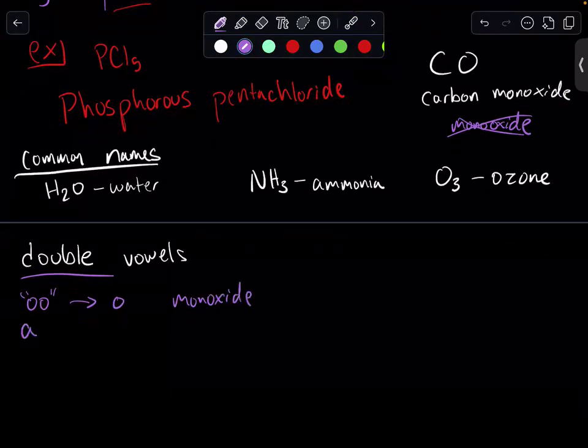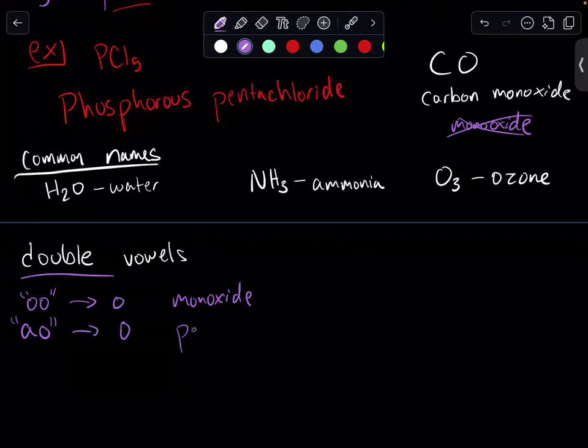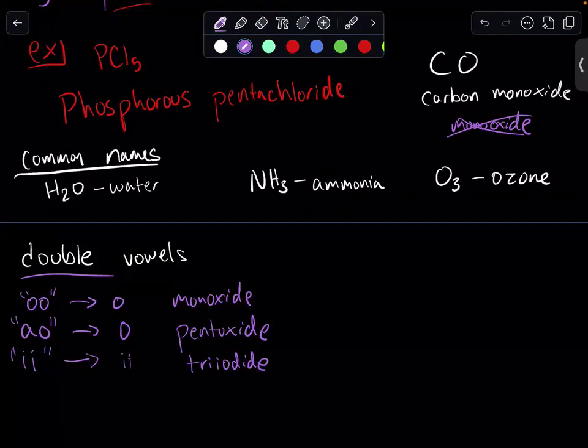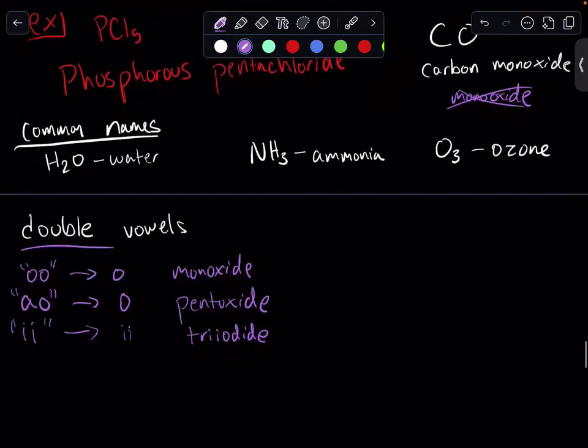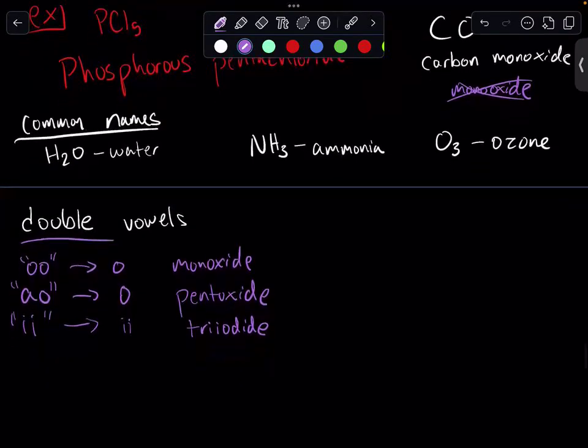If we have an A, then an O, turns out we also still just say O. So pentoxide instead of pentaoxide. However, when we have two I's, turns out we still say the two I's. So that would become triiodide instead of triodide. It's still triiodide. We want to keep what makes it real.